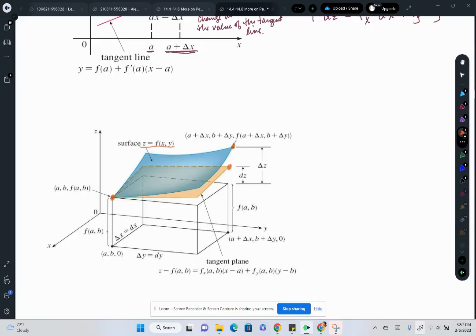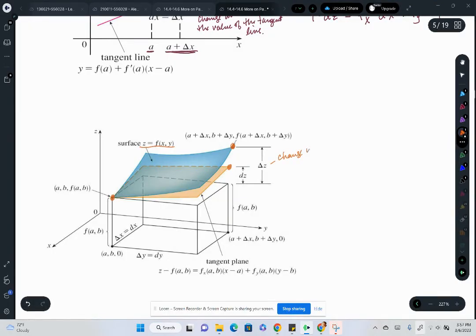So at the first point, a, b with f of a, b, that was the same point for the surface as it was for the tangent plane. Little change in x, a little change in y. We end up with two unique values of z, one for the tangent plane and one for the surface. Now, the change that occurs in the z values for the surface, that is the delta z.